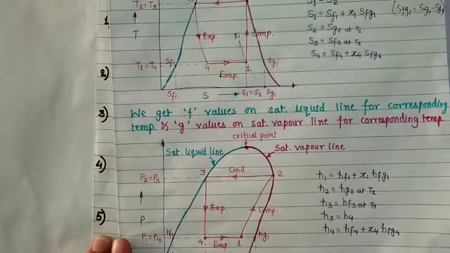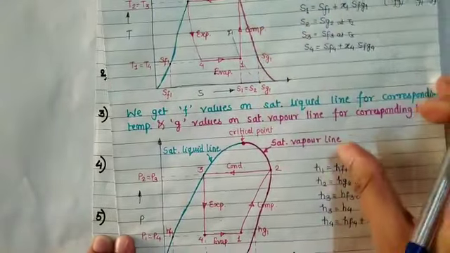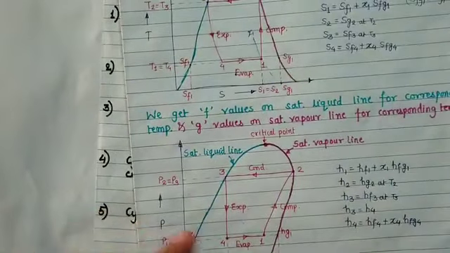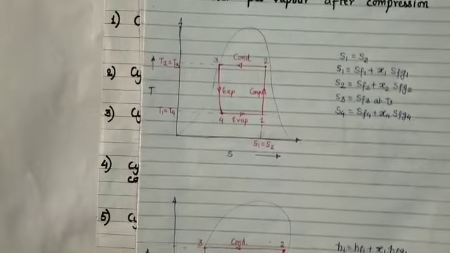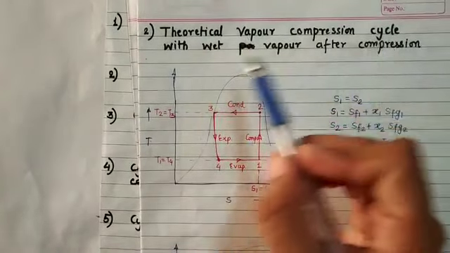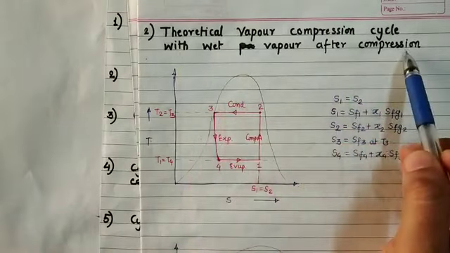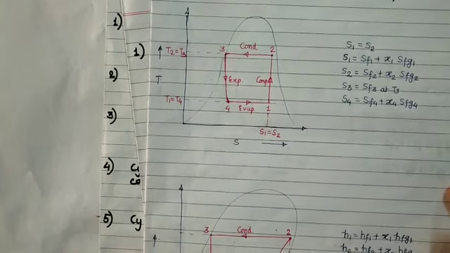So this is all about cycle with dry saturated vapor after compression. Now next is theoretical vapor compression cycle with wet vapor after compression. Again I have drawn both the diagrams here.